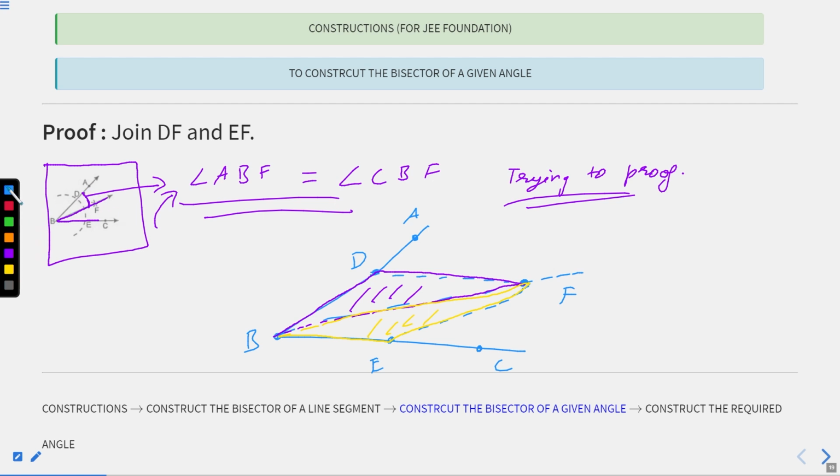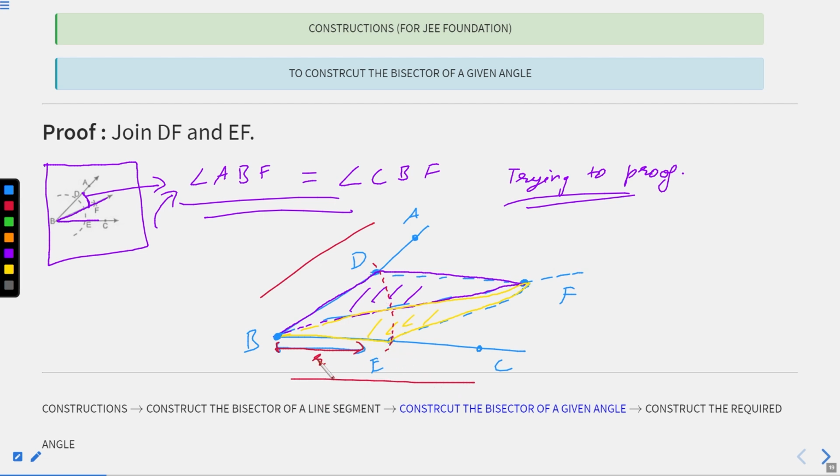So what will we do? It is easy. By construction, we put the center at B and took some radius R, and marked an arc which cuts AB and BC at D and E respectively.